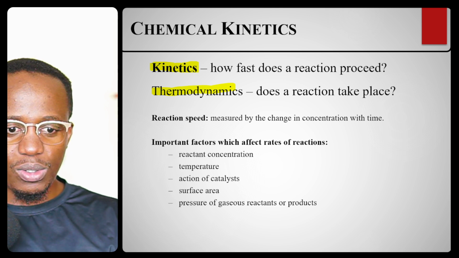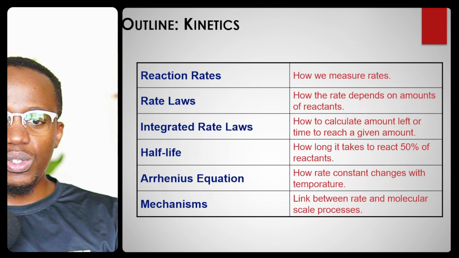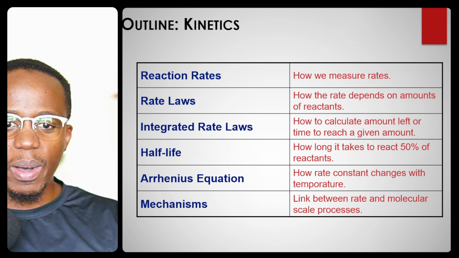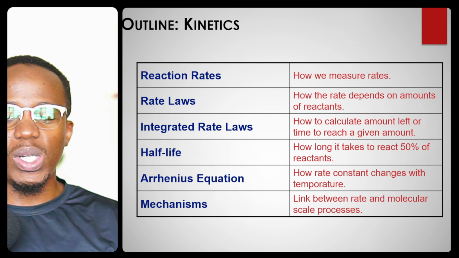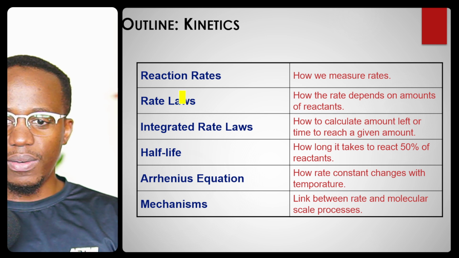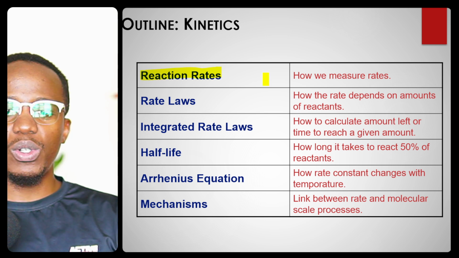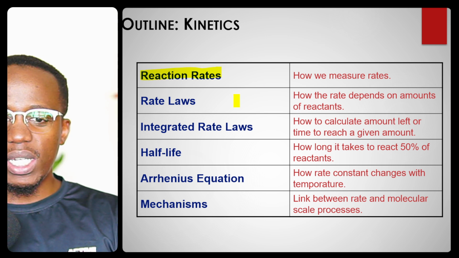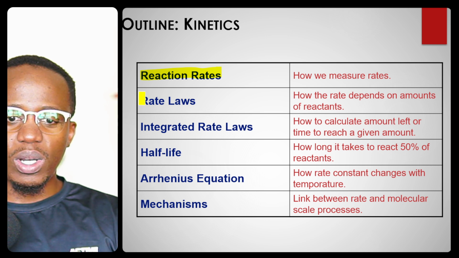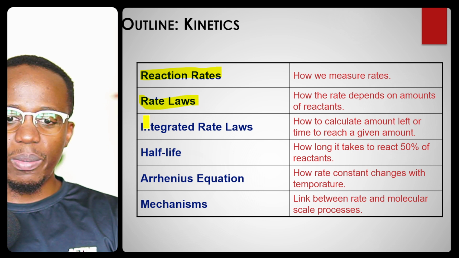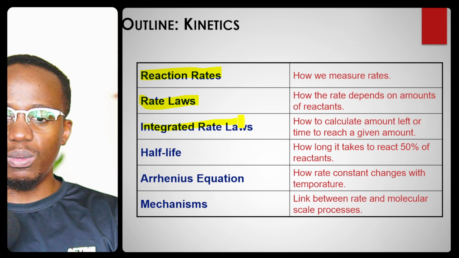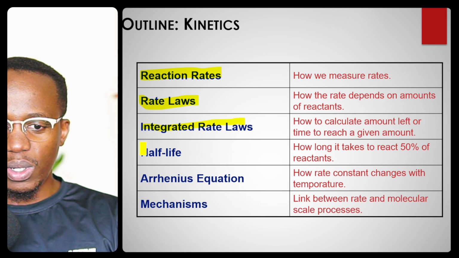And when it comes to kinetics, we are going to talk about a few things that I want you to know about. The number one is reaction rates. Reaction rates, right, is the reaction speeds. So we're going to talk about how we measure the reaction rates. We're going to talk about rate laws. We're going to talk about the integrated rate laws. We're going to talk about half-life.